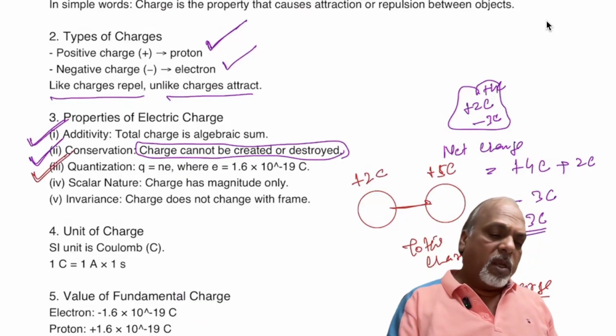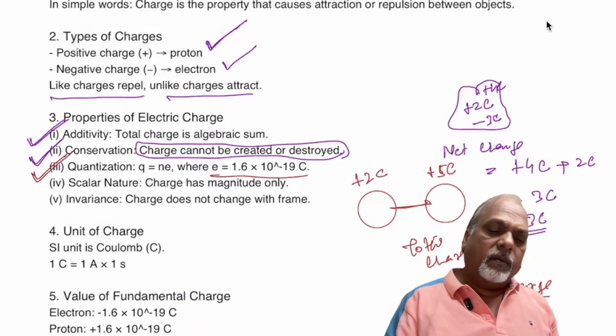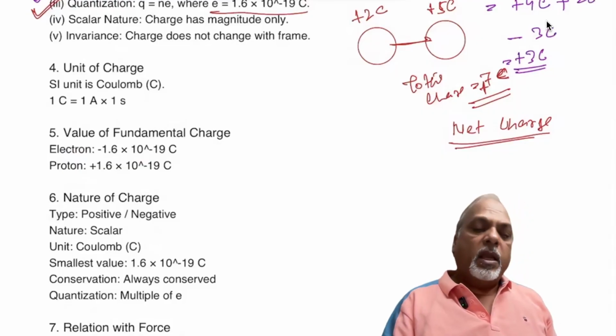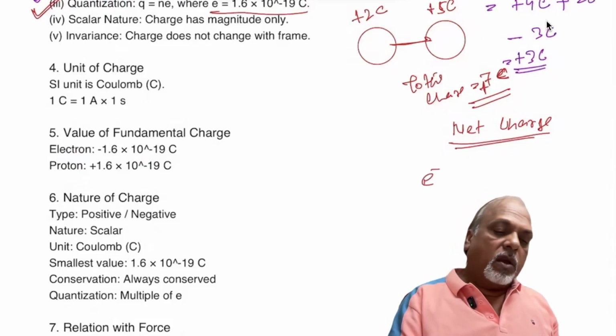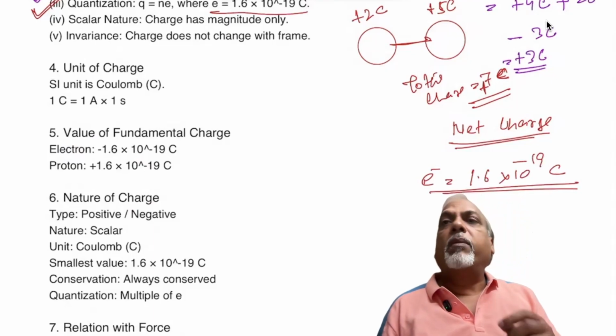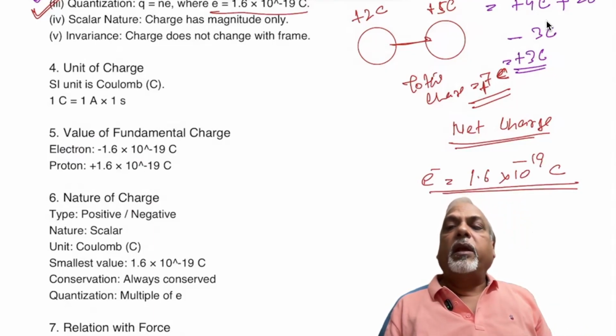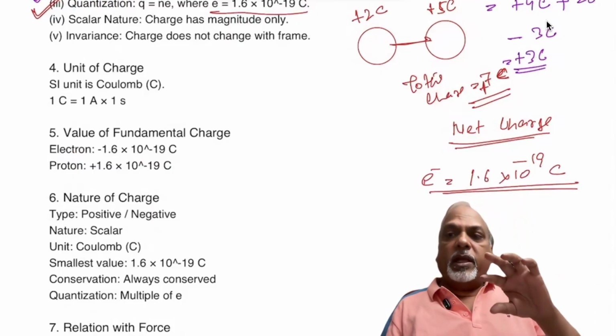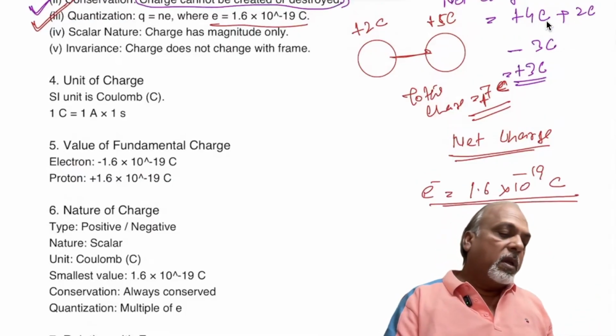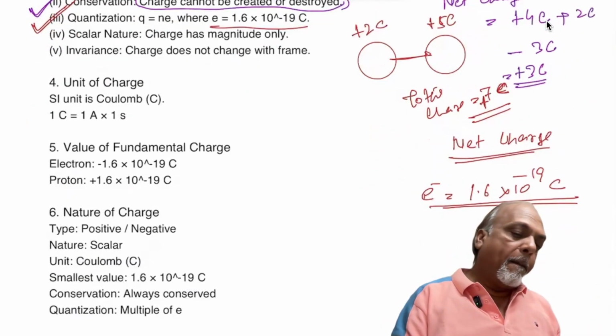Then quantization. See, this is the fundamental: the charge of an electron, that is 1.6 into 10 raised to -19 Coulomb. This is the elementary fundamental charge. Correct. Any charge will be in a multiple of this only.